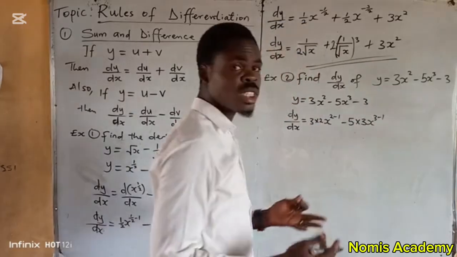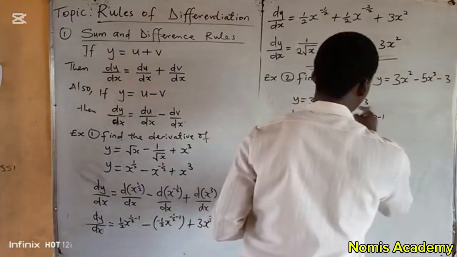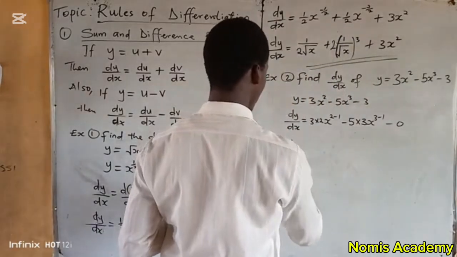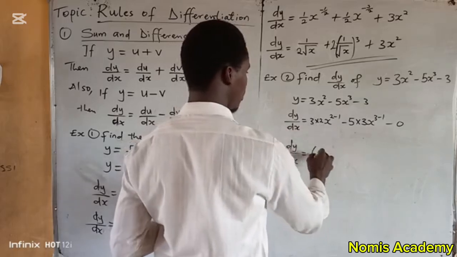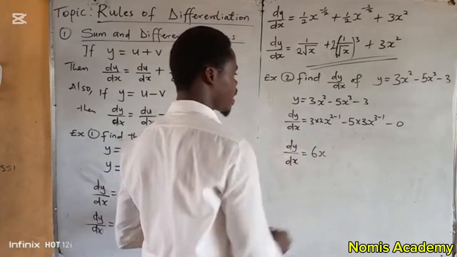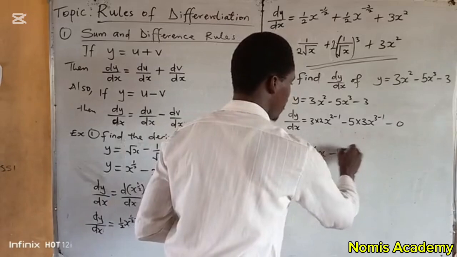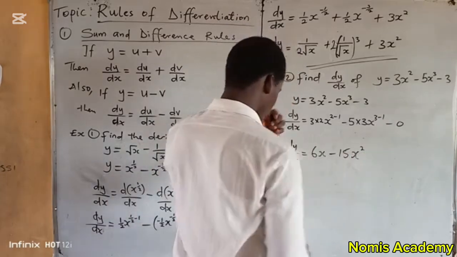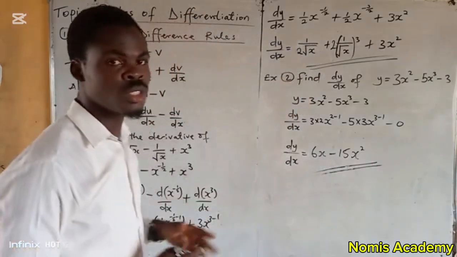When you differentiate a constant, the result is 0. So dy over dx is equal to 3 times 2 is 6x, 2 minus 1 is 1, so you have 6x, minus 3 times 5 is 15, x raised to the power of 2, and the constant gives 0. So this is the final result.